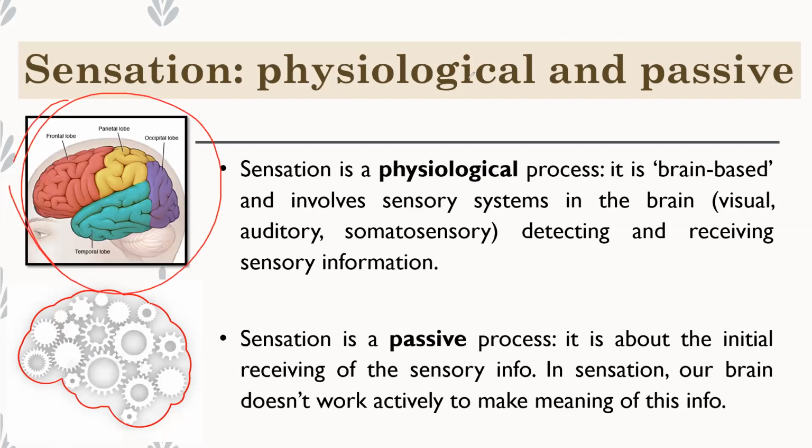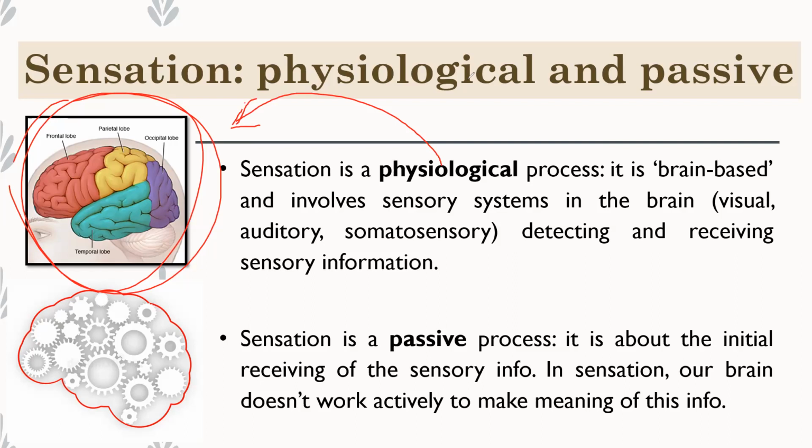So without our brain, we can't actually receive, and we can't make sense of the sensory information in our environment, okay? Now, I don't know if you guys remember, but in Unit 1 when we were looking at the different lobes of the brain, talking about visual perception and how we see things, we mentioned that if the occipital lobe is damaged, someone will become blind, okay?